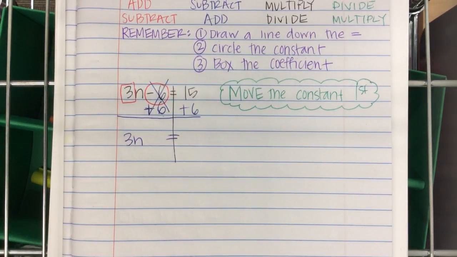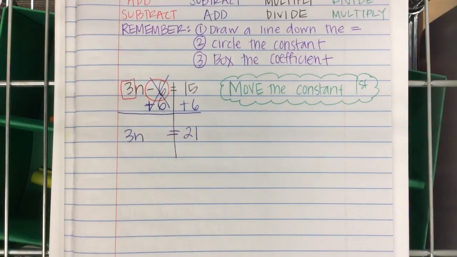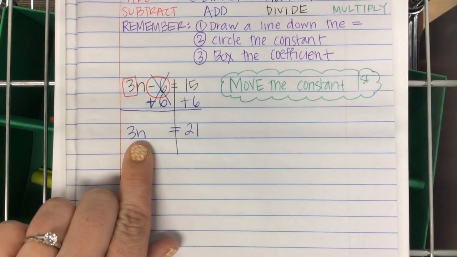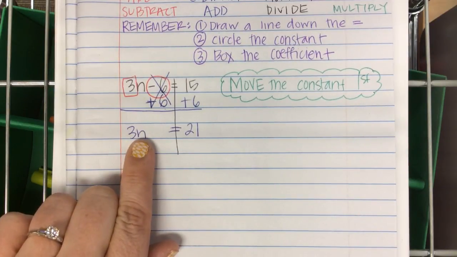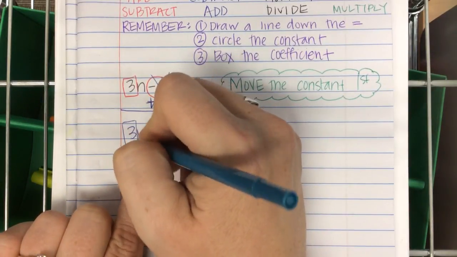15 plus 6 is what? 21. But I'm not done because is my variable by itself yet? No. I still have a coefficient, right?